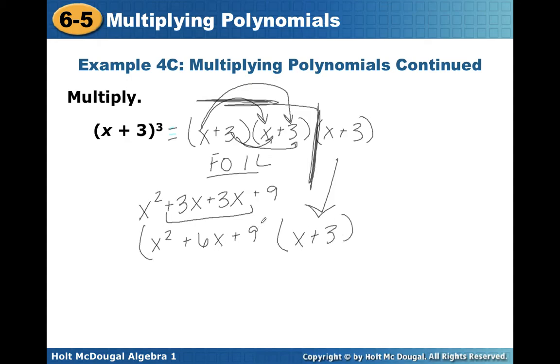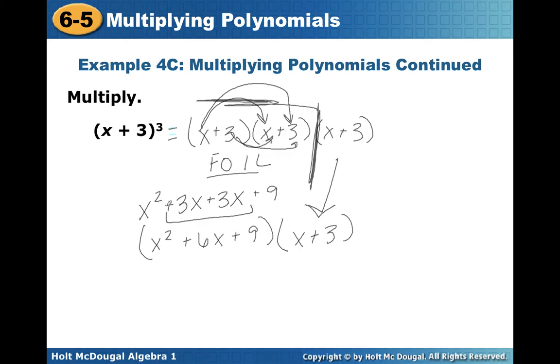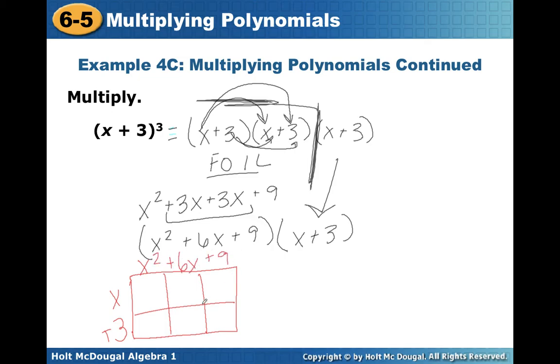So we then have to look at multiplying these two pieces together. And I'm going to use the box method for this one. So the box method will tell us that we need to use a 2 by 3 box. 2 terms because it's right here, x plus 3, and then 3 terms because we have x squared, 6x, and 9.